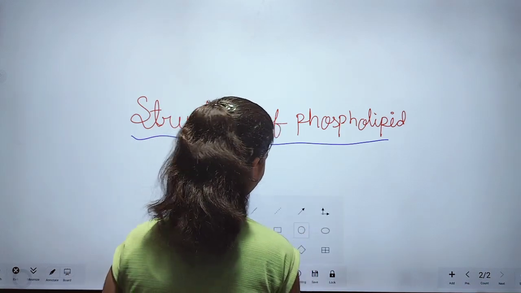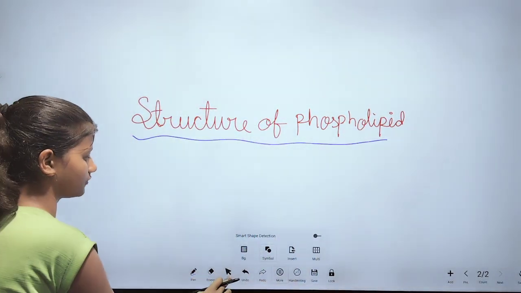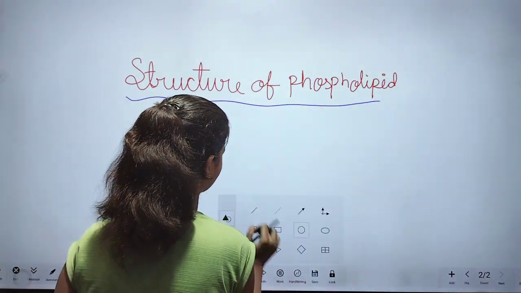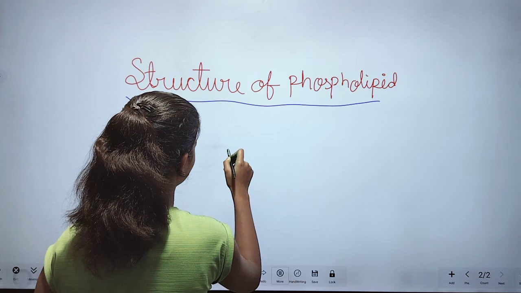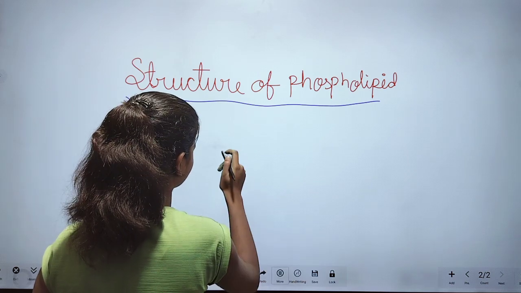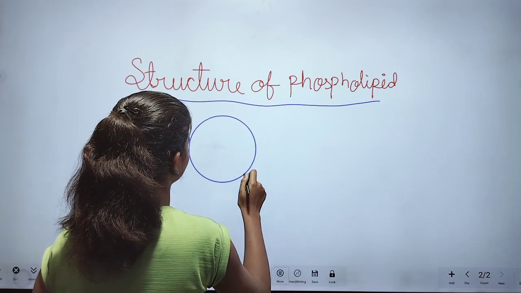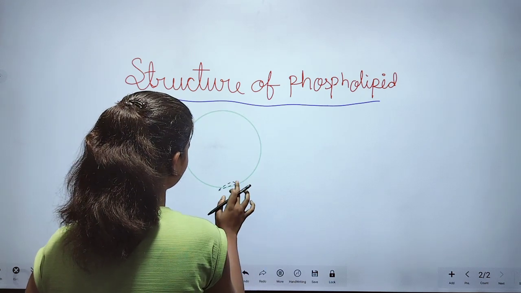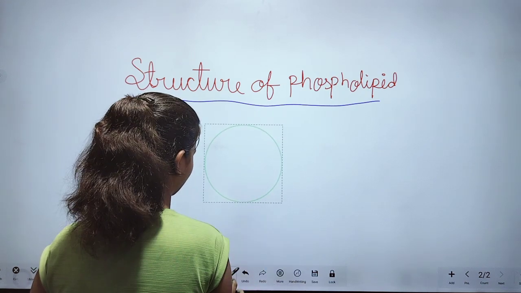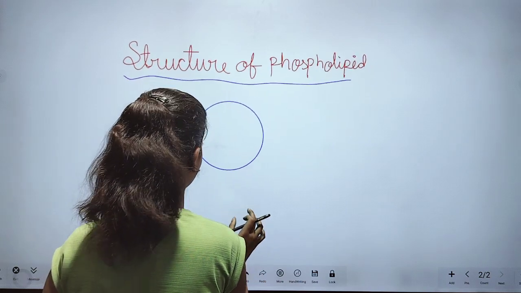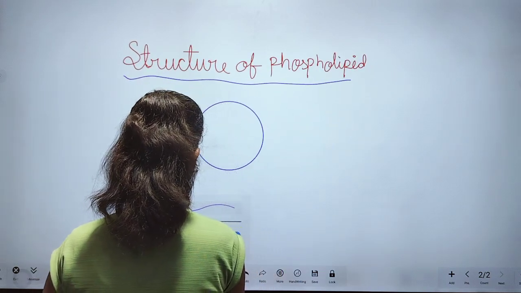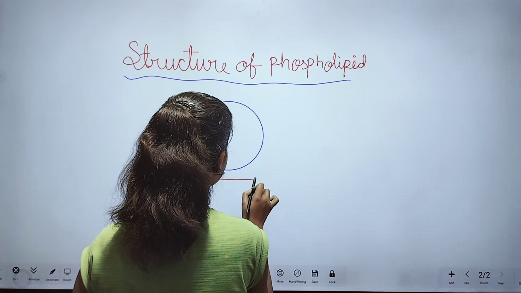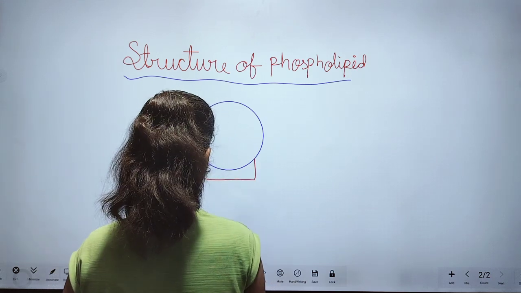First of all, we have to draw a circle. Draw a circle. Then this is the neck.